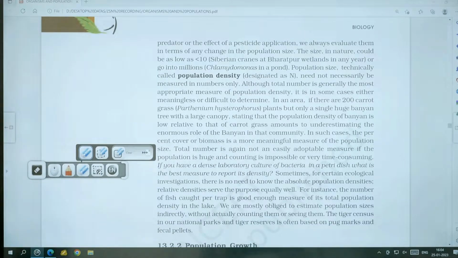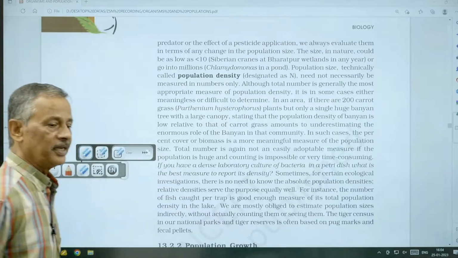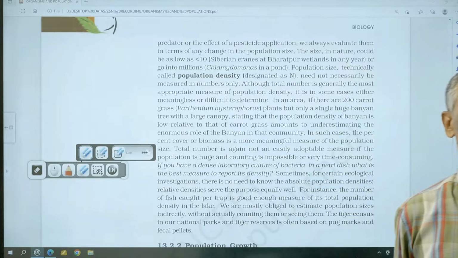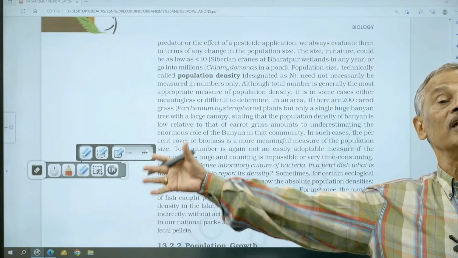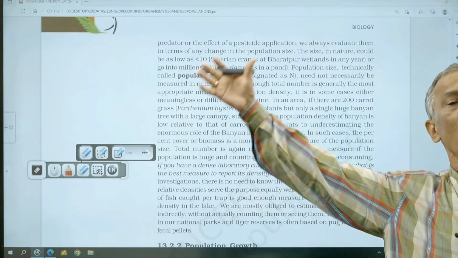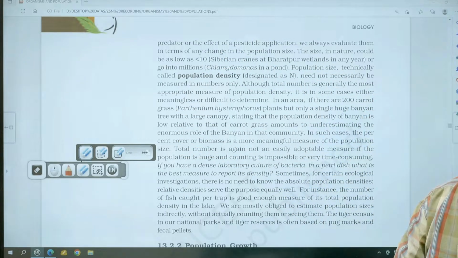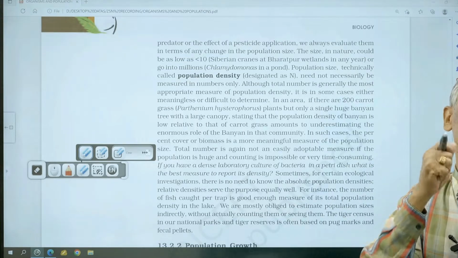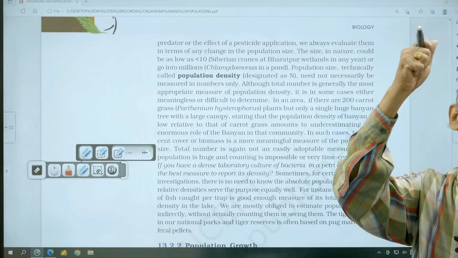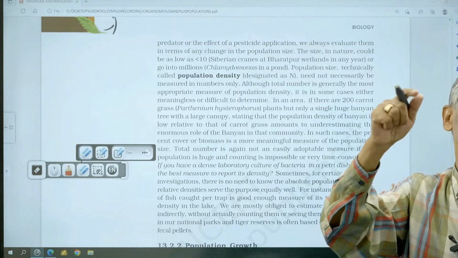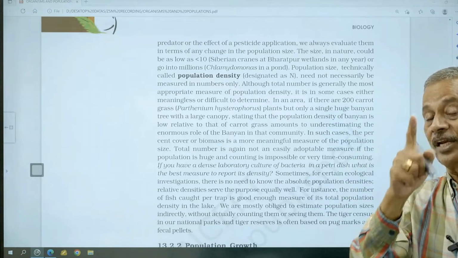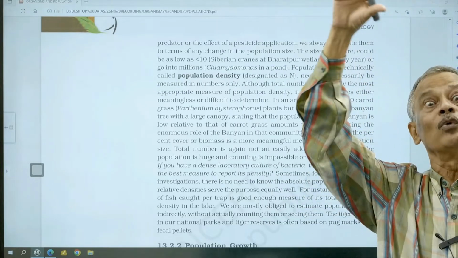Population density simply means the number, but sometimes number will be meaningless or of no use. So, for example, you are having a very big tree and a large number of small plants. So, it is not the absolute number that is important. Who is playing an important role? Who is having the biomass or the canopy area? That is taken. That single big tree will be having a very huge mass.